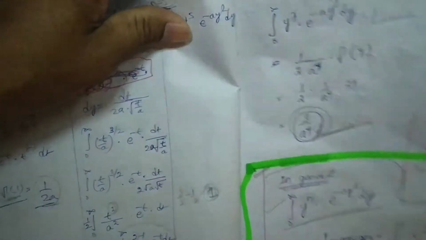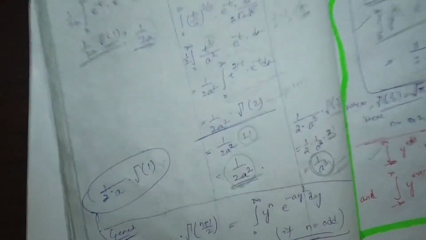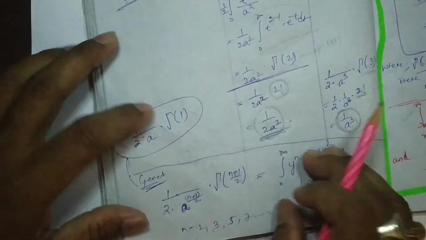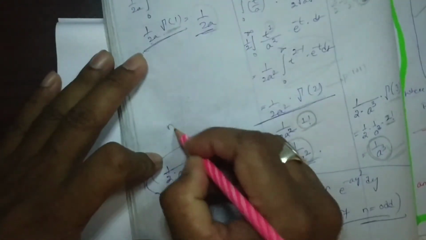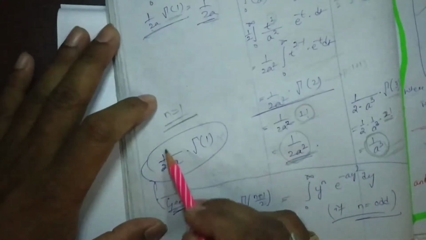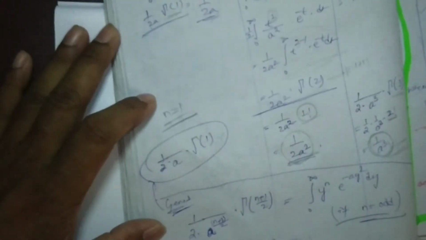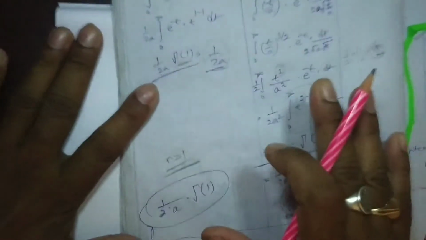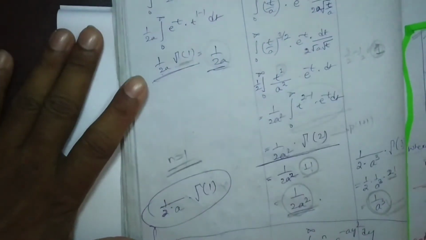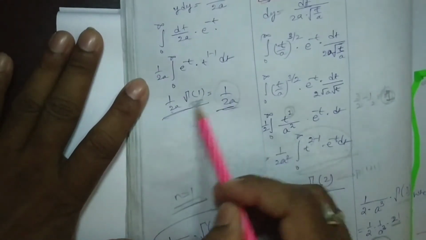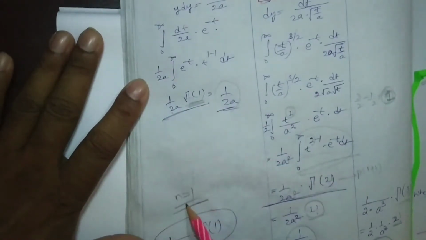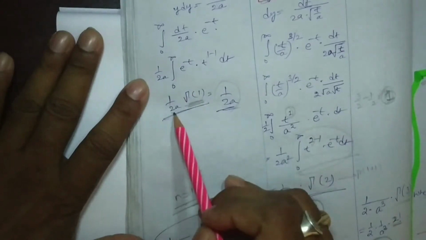That means in general form, if we are going to write, see, for n is equal to 1 we found 1 by 2a gamma 1.